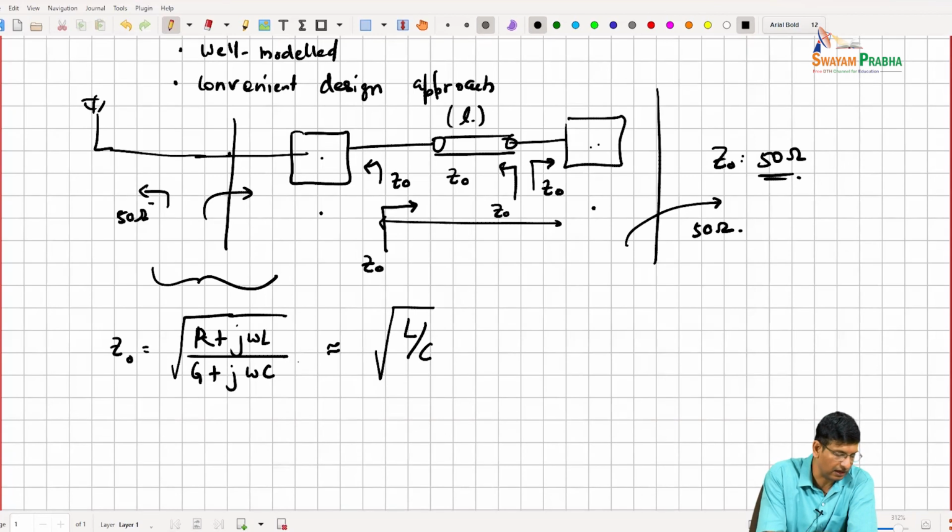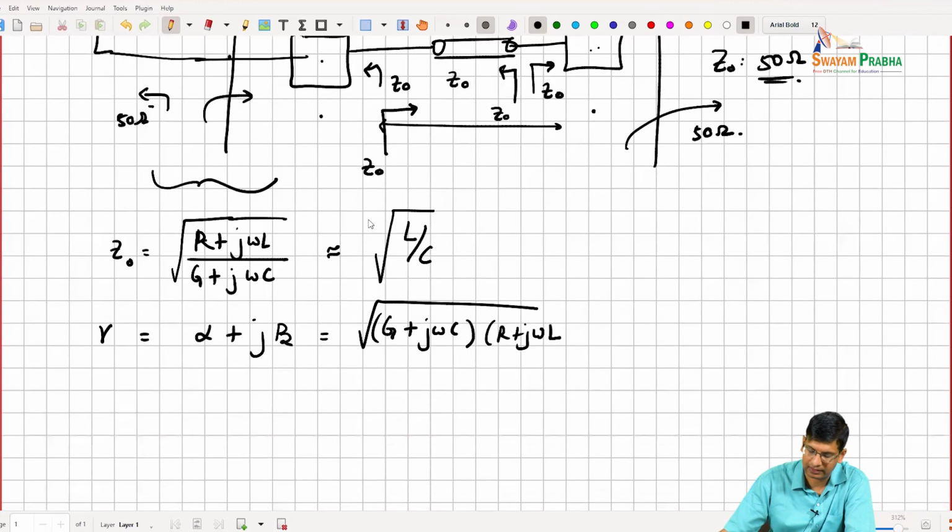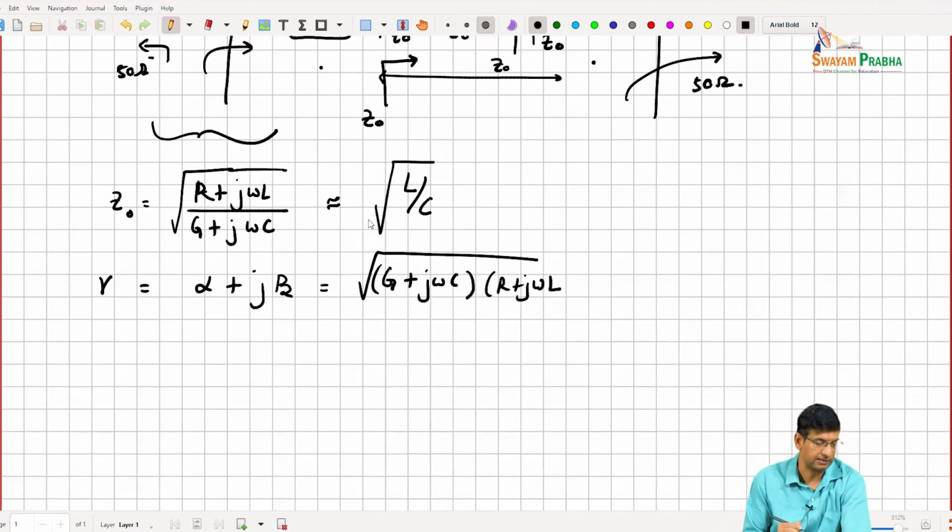And we can go through the math, but we can precisely define the propagation constant, which is gamma equals alpha plus j beta, as the square root of (G plus j omega C) times (R plus j omega L), right? And basically beta is the imaginary part of this, and alpha is the real part.